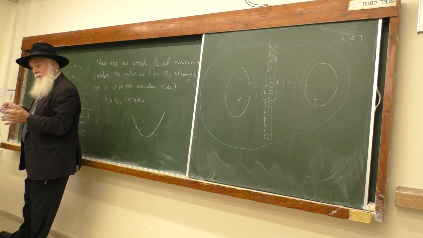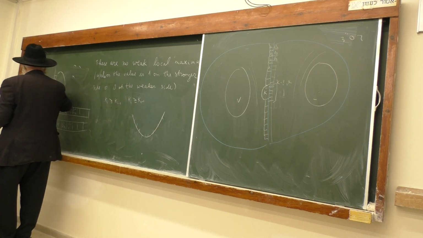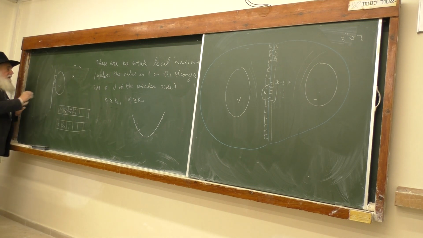So assume it is. When it is 1 on the weak side, on the strong side it could be either 0 or 1, right? Because it would be 2 on the strong side, so it is either 0 or 1.